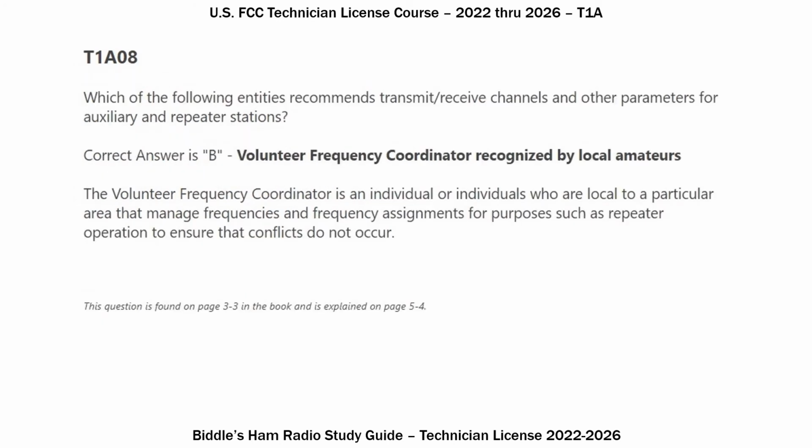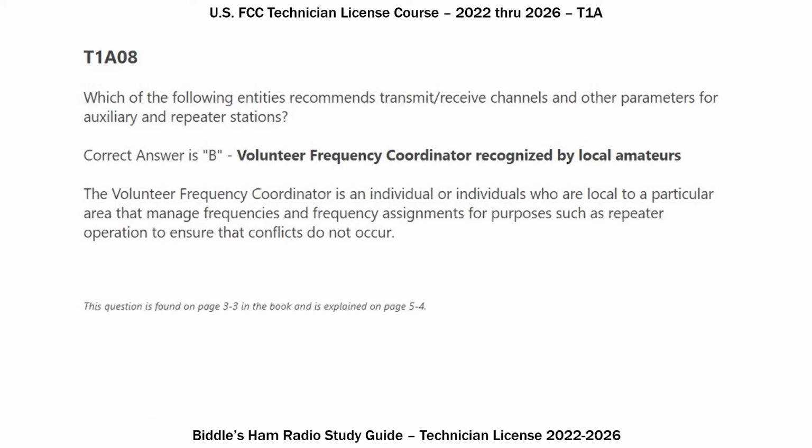A volunteer frequency coordinator is an individual or individuals who are local to a particular area that manage the frequencies and frequency assignments for purposes such as repeater operation to ensure that conflicts do not occur. So if a station is looking to set up a repeater, they will coordinate with their local volunteer frequency coordinator to make sure that nobody else is using that particular frequency or that particular frequency and PL tone combination.